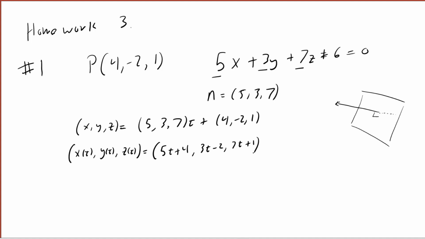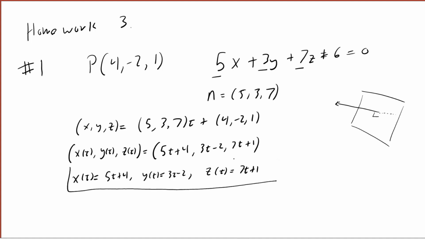And this should be enough, but if you want to be a little bit more explicit, you can write x(t) equals 5t + 4, y(t) equals 3t - 2, and z(t) equals 7t + 1. And that's my answer.